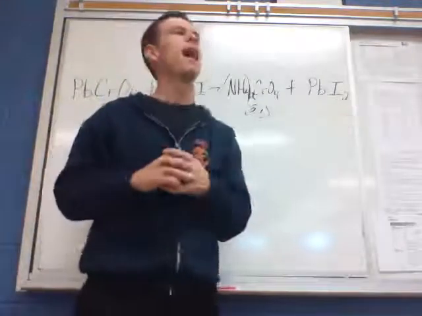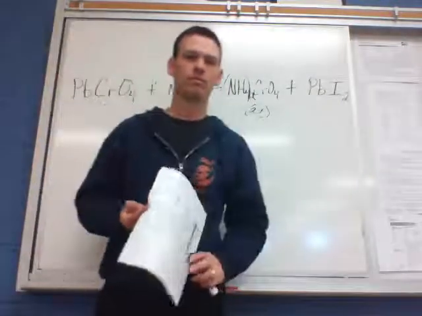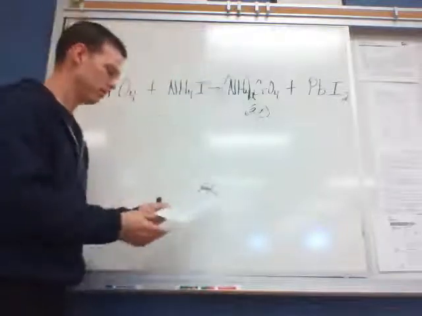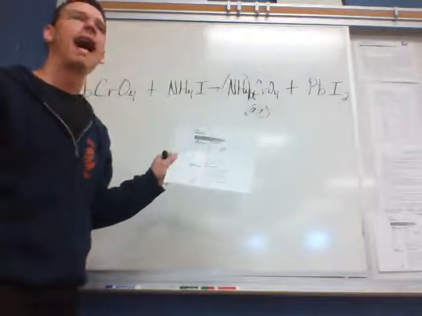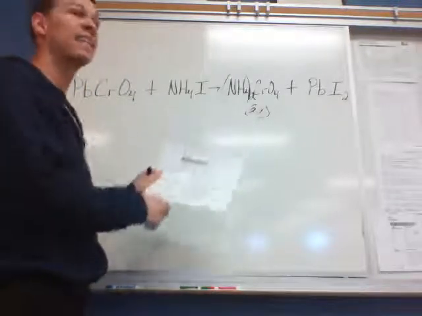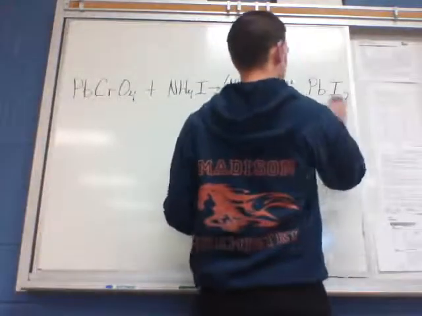It ends in iodine. Find iodine somewhere on that paper. Did you find him? Iodine is the second to the last item on the first list. It says that iodine is usually aqueous. Don't write that.